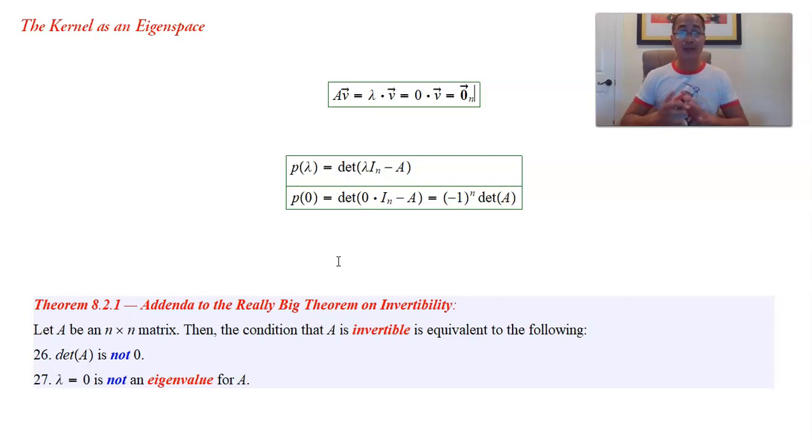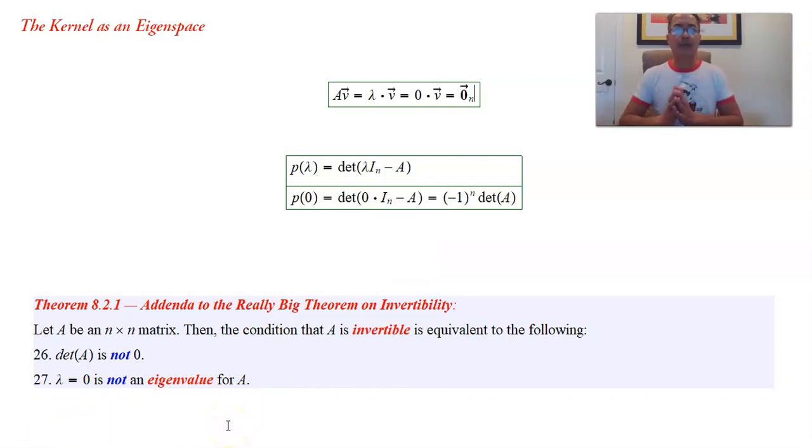We had 25 conditions in section 3.8, I believe. So now we get to add 2 more conditions, although one of them was in chapter 7. If A is a square matrix, then the condition that A is invertible is equivalent to both of the following: the determinant of A is not 0, that's our litmus test, and lambda equals 0 is not an eigenvalue for A.